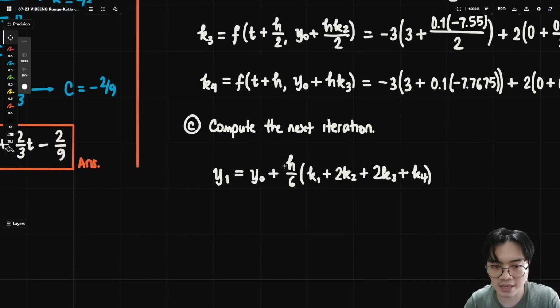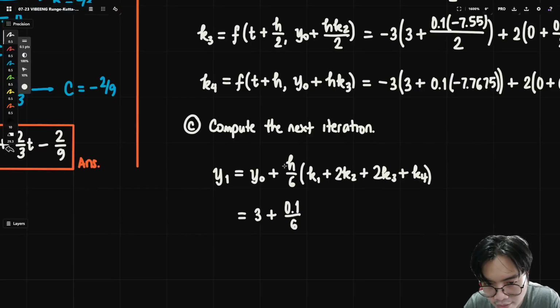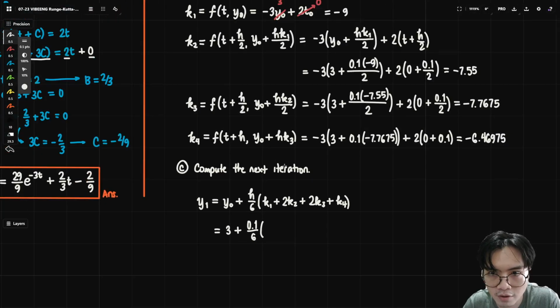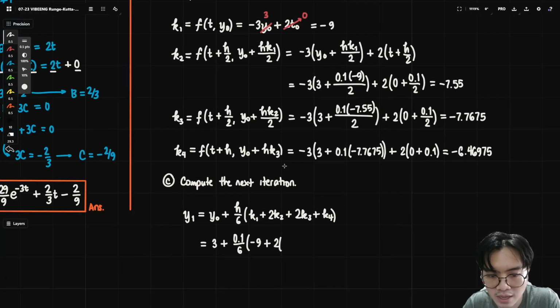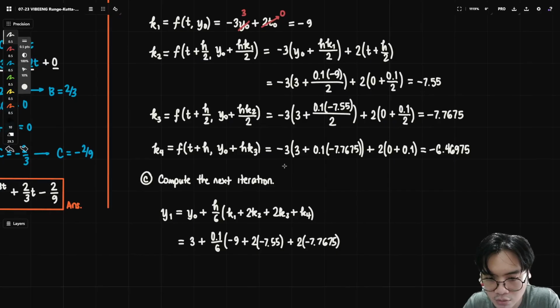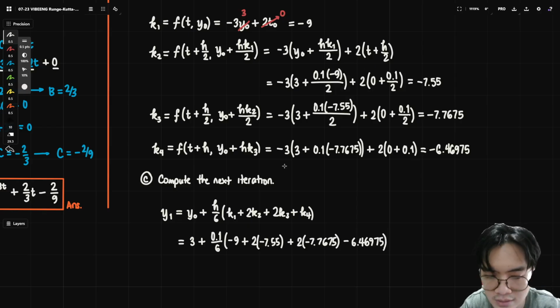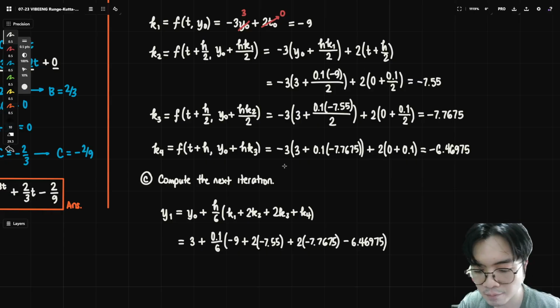So kumbaga, we will have our old value of 3 and then our step size of 0.1. And then we will put in all of our values of k. So 2 times negative 7.55. Next, 2 times negative 7.7675. And then finally, our value of negative 6.46975. So let me compute this. Medyo matatagalan tayo dito.